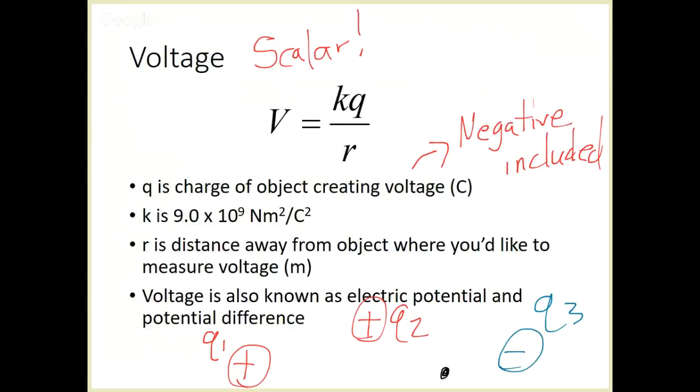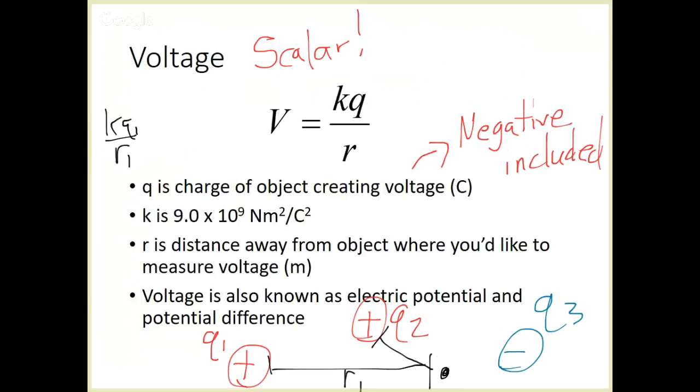To do that, I'm just going to have to do V1 plus V2 plus V3. No x and y components, no Pythagorean theorem. It's just find your values and add them up. So that'll simplify down to K times Q1 over R1, the distance from Q1 to this point.